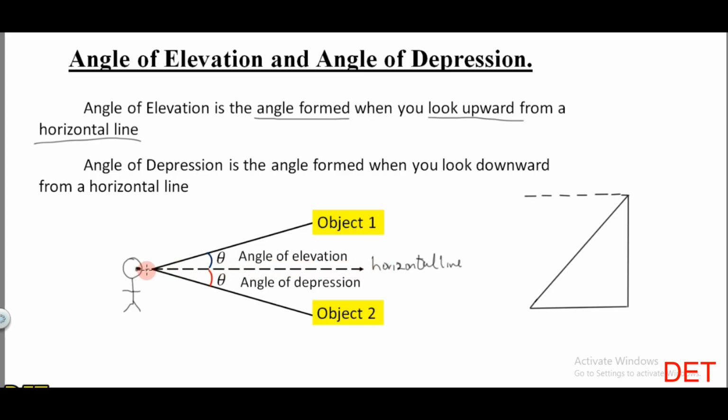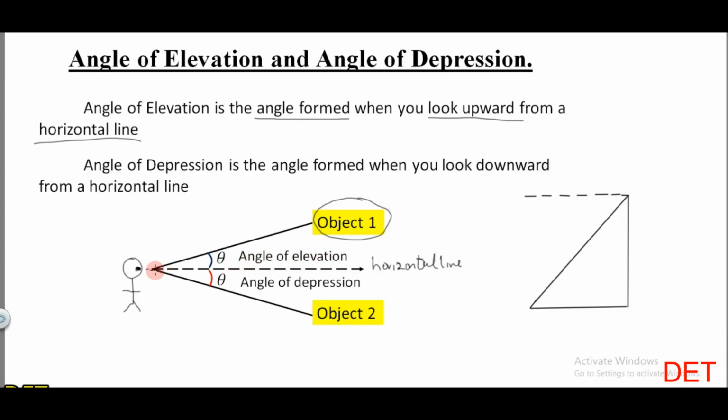So when the person raises his eyebrow to look at an object, that angle that is formed from this horizontal line is referred to as what? The angle of elevation.